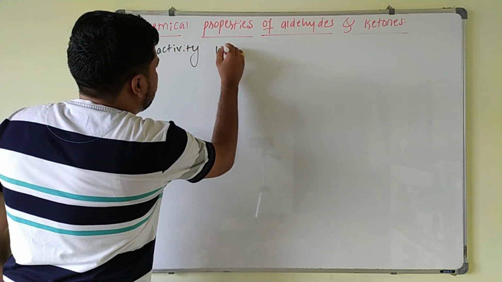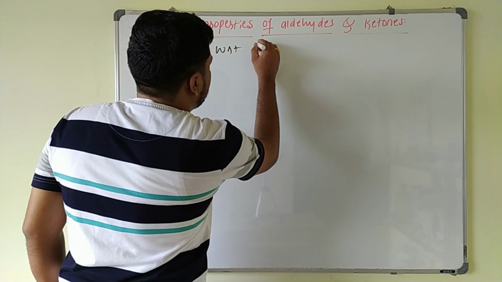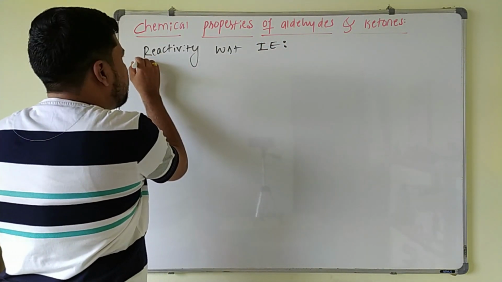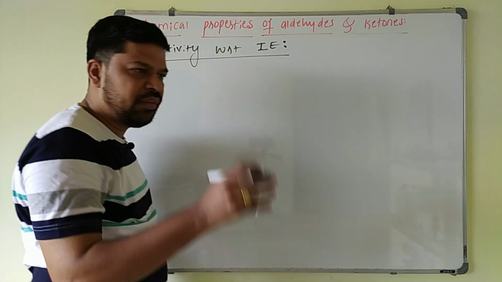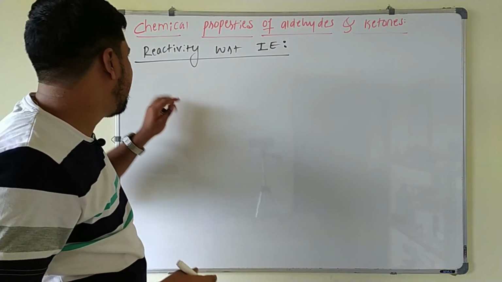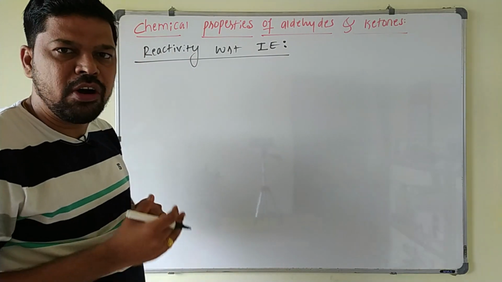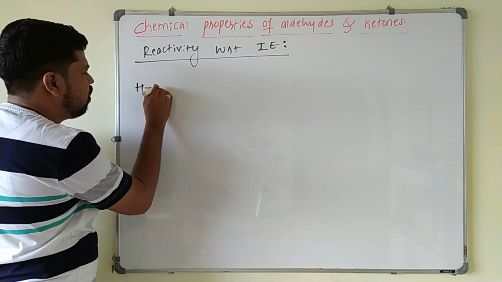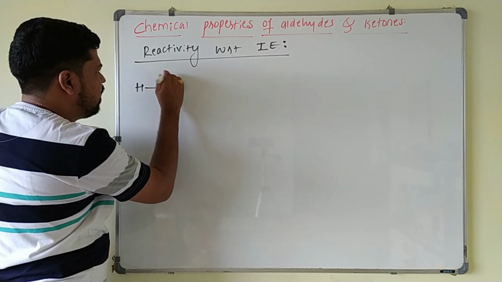with respect to inductive effect we will write first. With respect to inductive effect, the electron releasing nature of these alkyl groups will decrease the positive charge density on the carbon, hence their reactivity goes on decreasing. First one we will write formaldehyde, HCHO.